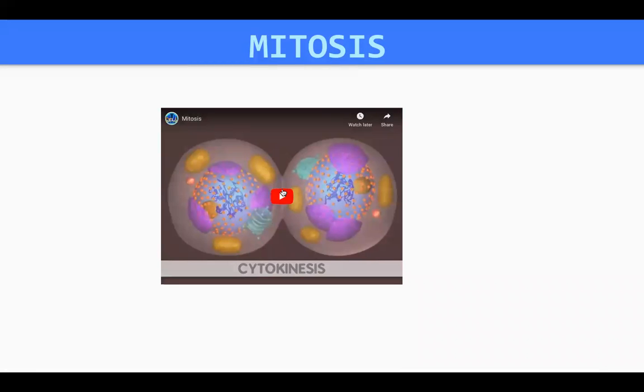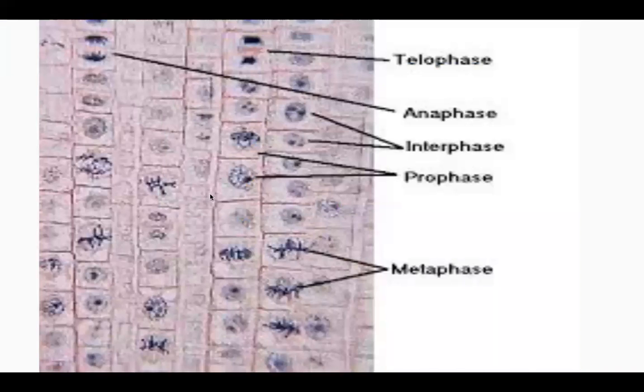So you can go ahead and watch this video. I will add the link for you guys if I need to. I'll find out. But here we have, these are actual real cells. And this is what each stage looks like. So in interphase, our cells are creating a copy of that DNA, okay?